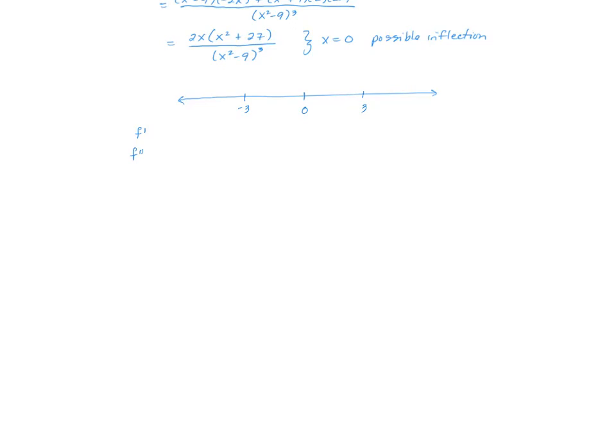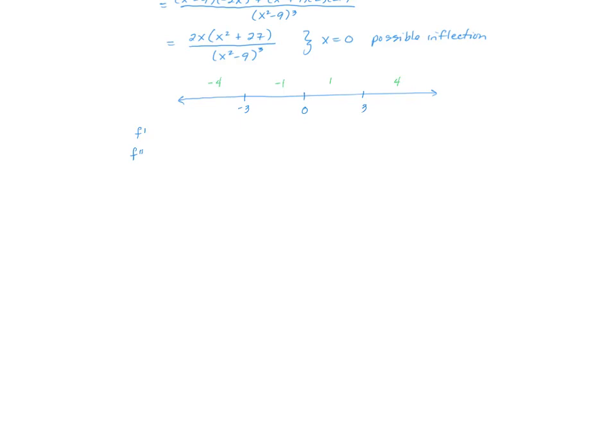Some test points: for -infinity to -3, maybe a -4. Oh, these are nice points. -3 to 0, maybe -1. 0 to 3, I could use 1 as a test point. And from 3 to positive infinity, I'll use 4. So I'm just going to do the first derivative all the way across.